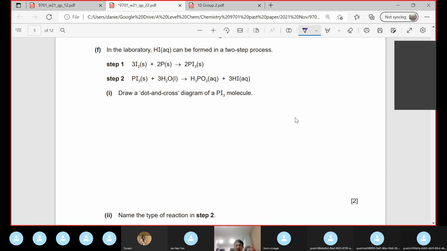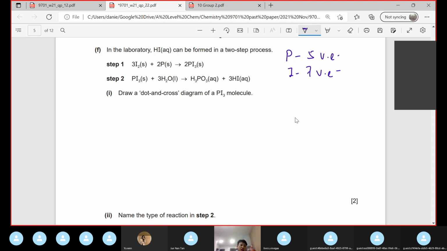So PI3, let us recall it back. Phosphorus is like nitrogen, right? It has 5 valence electrons, and iodine has 7 valence electrons. So iodine wants to achieve a stable octet electronic configuration. So it needs to receive 1 electron.